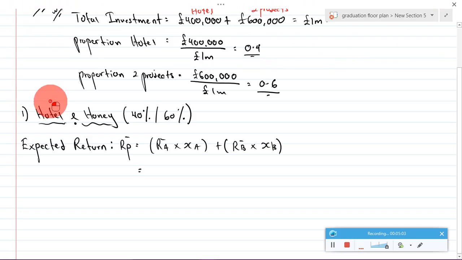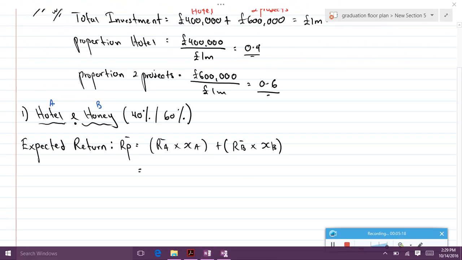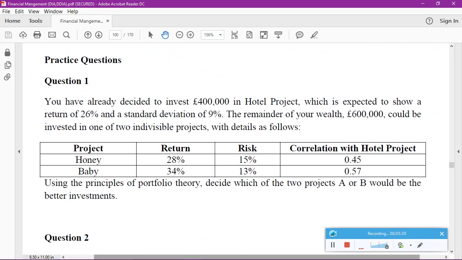So go back to the question. How much for the hotel, the return? 26%, honey is 28%. So over here, 26% times 0.4 plus 28% times 0.6. How much you get?